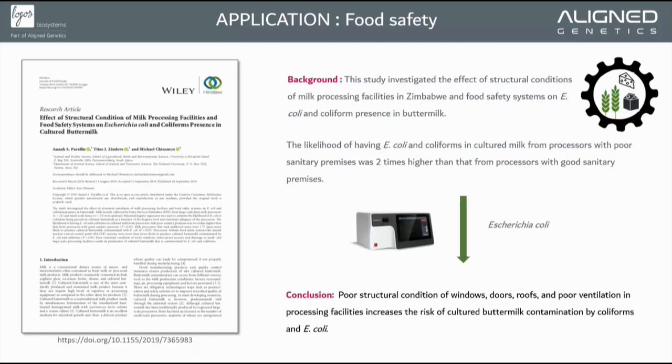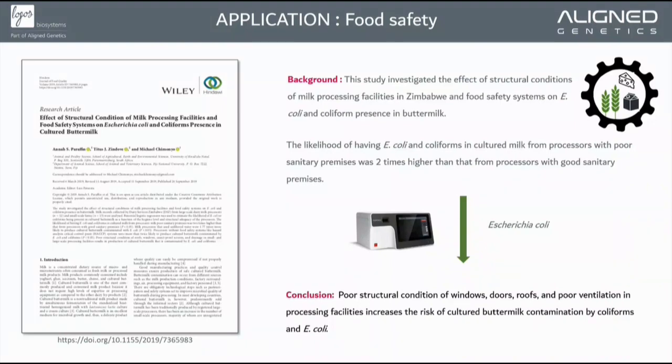And the second application is in food safety. Data was obtained from records collected by trained research officers at Dairy Services Zimbabwe from 12 large-scale and 16 small-scale randomly selected milk processors.